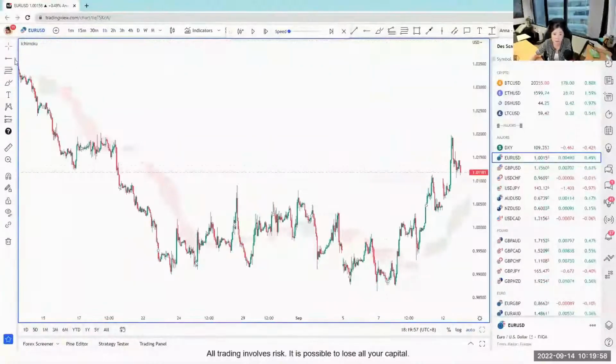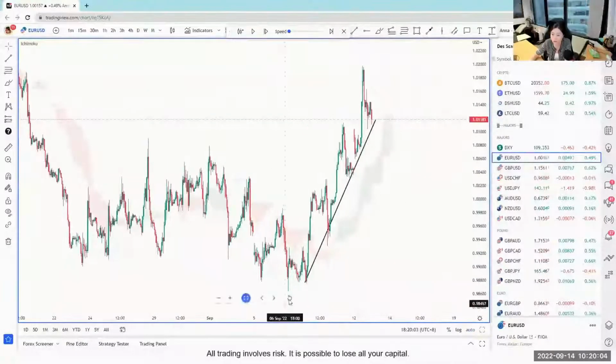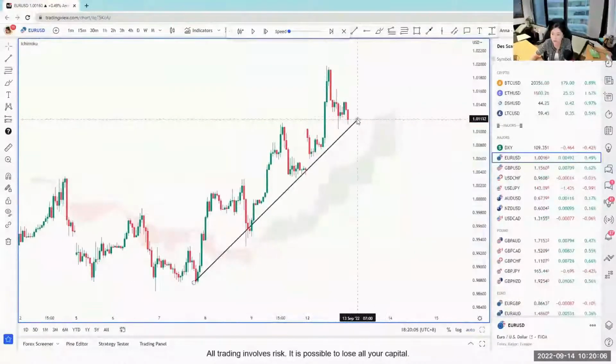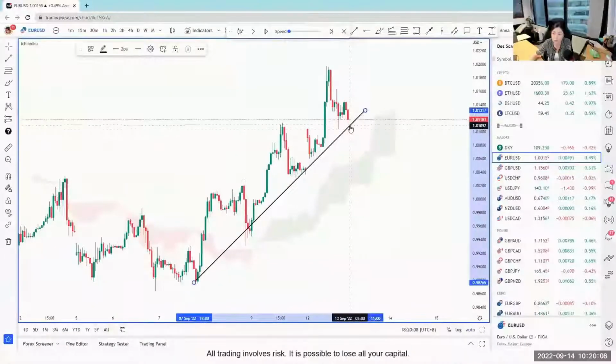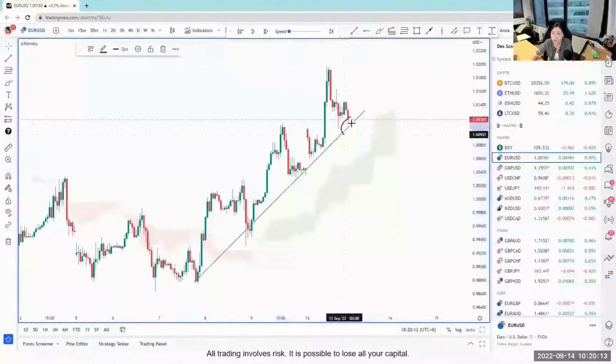So if I have an entry here, you feel like, hey, my trend is in a very bullish manner. I will look to do a buy position here. I have a buy here, and I feel like it will go up.